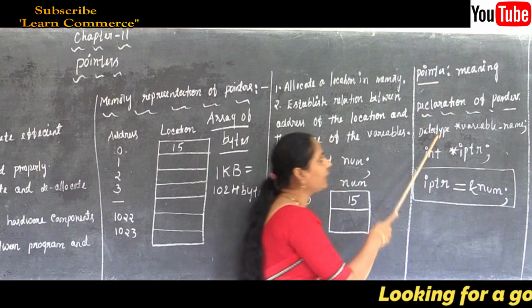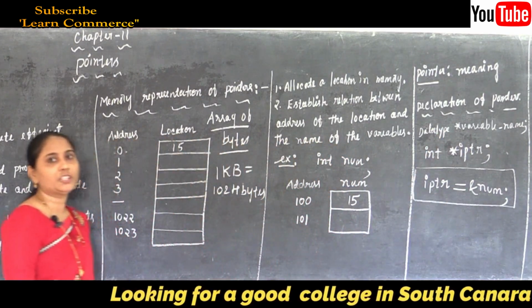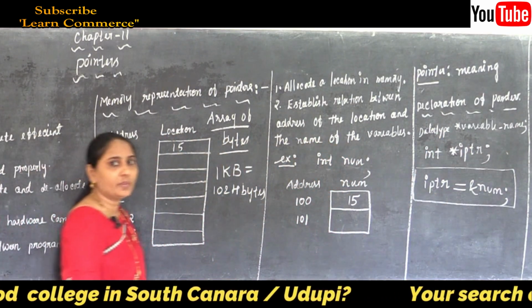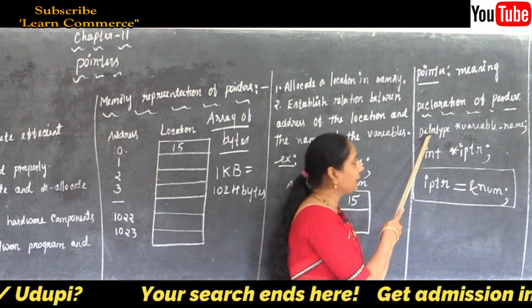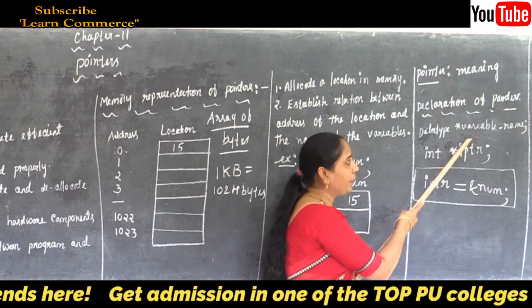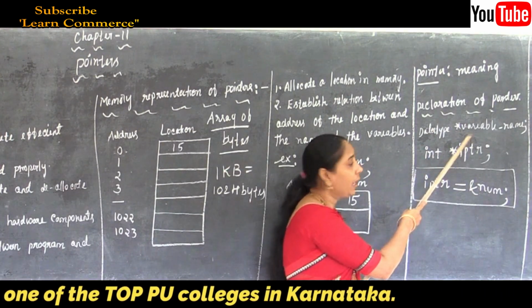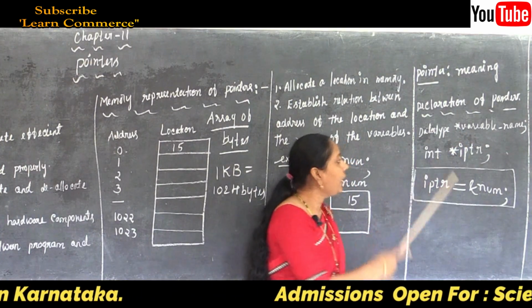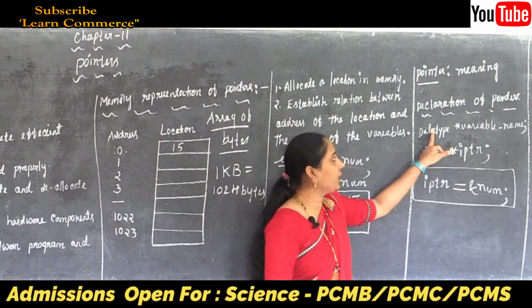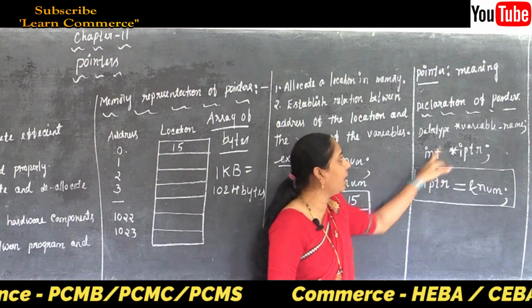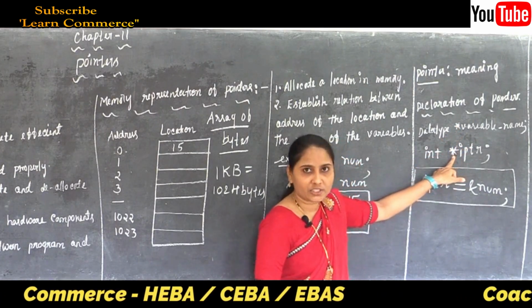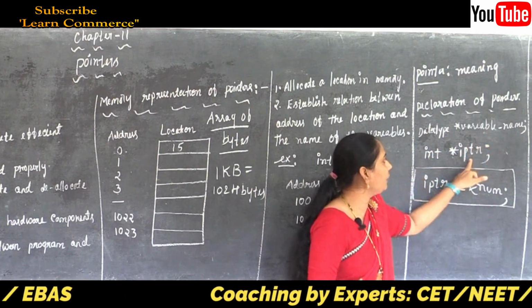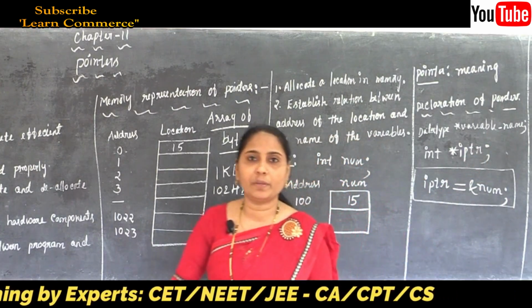I already gave one example: int, the data type, then the asterisk, then the variable name, which is iptr, semicolon.